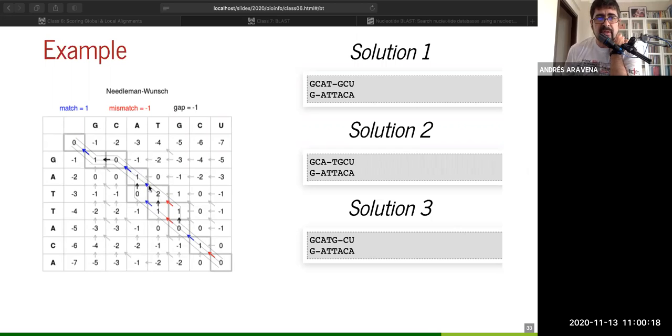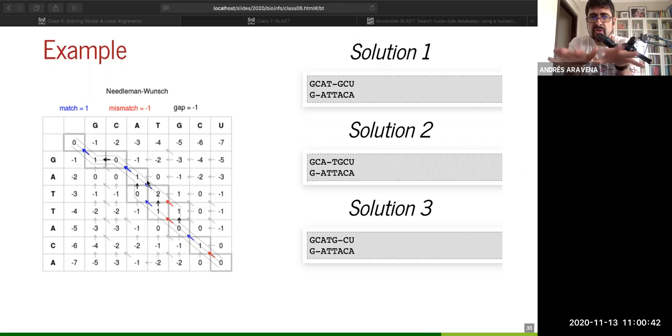Okay, so if you go this way, you get this solution. If you go here, you have a gap in the first position, and then you go T with T. And well, you see, the summary of this is that the same score can have more than one solution of gaps.